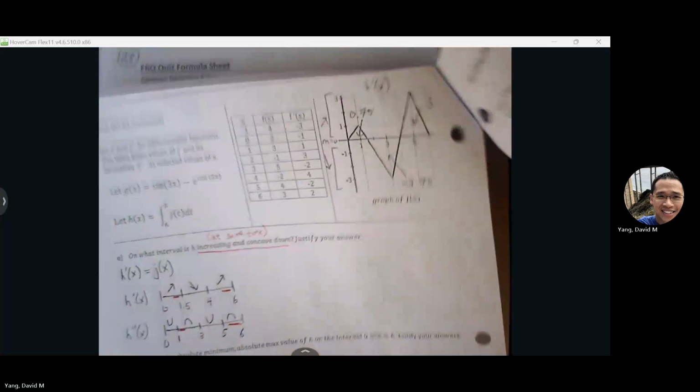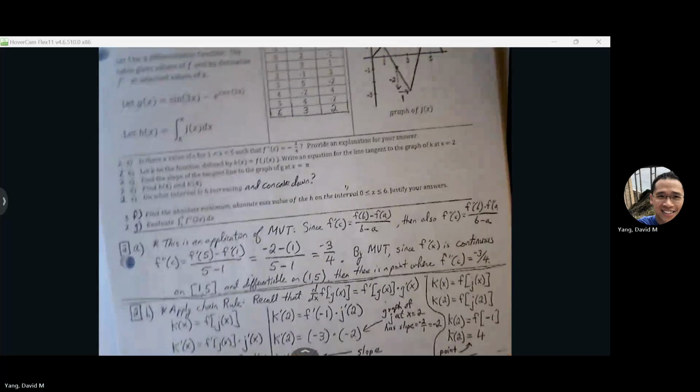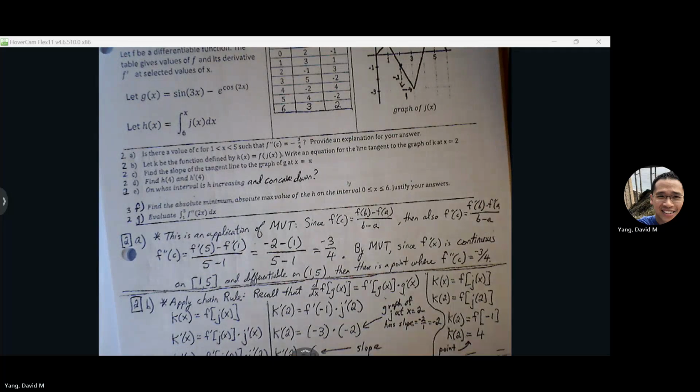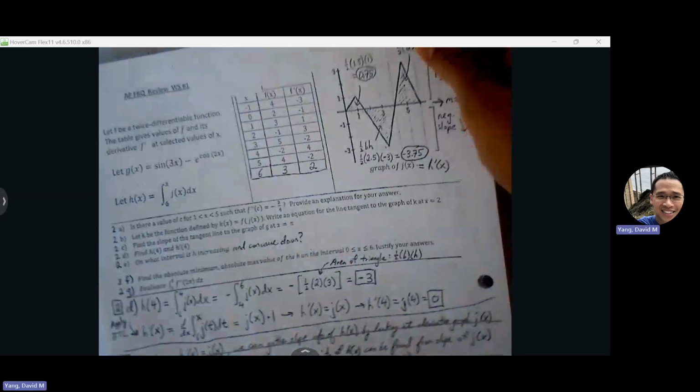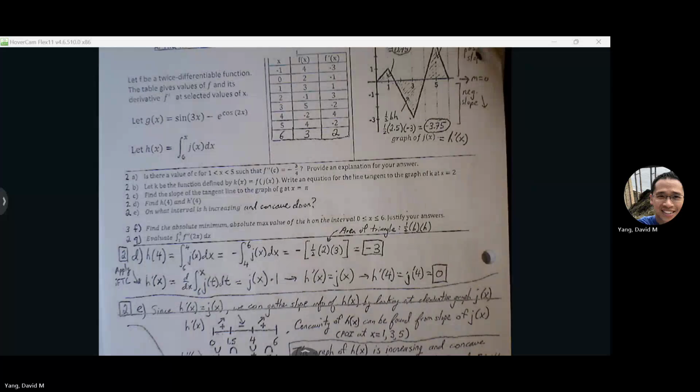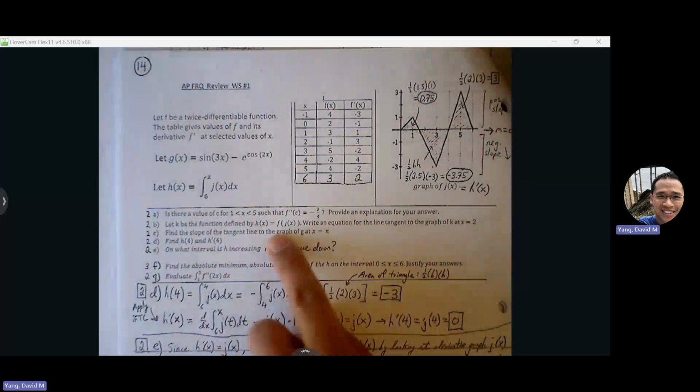Page 11 has that. I'll pull the key up. So this is page 14, which has the key.